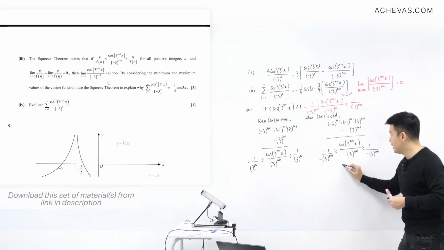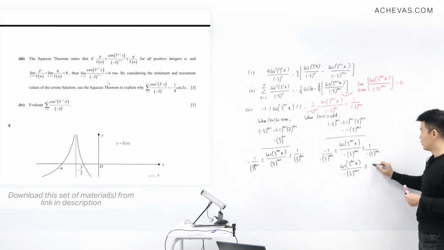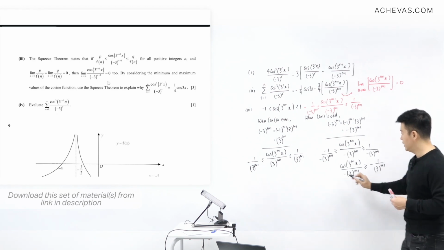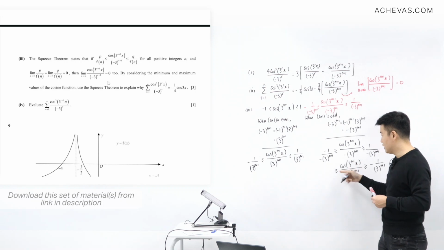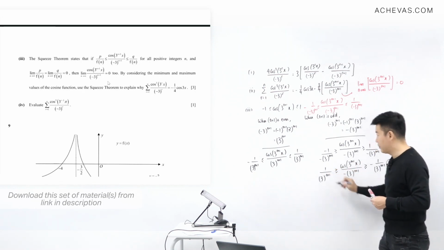So what we're going to be left with is cosine 3 to the power of n plus 1 x over negative 3 to the power of n plus 1. This is going to be bigger or equal to negative 1 over 3 to the power of n plus 1, and smaller or equal to 1 over 3 to the power of n plus 1.